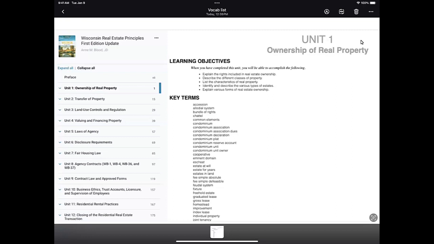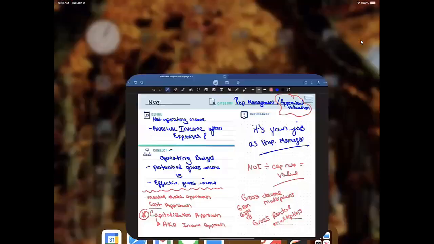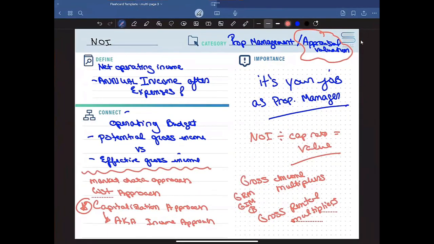If you just don't have the funds, what you can do is go through and define it first. Once you define it, so operating income, it's income after other expenses. If I were to further define it, you might be talking about investment properties or something.